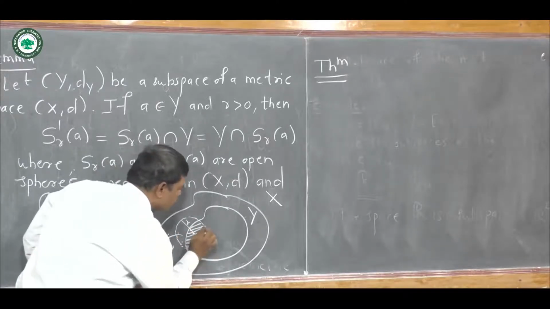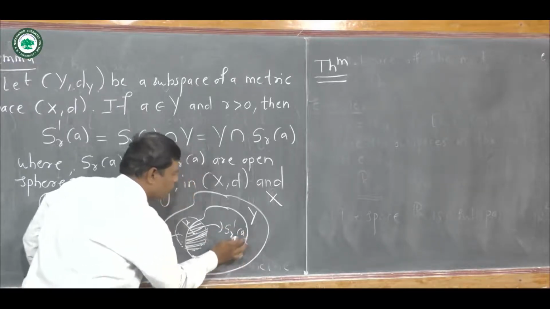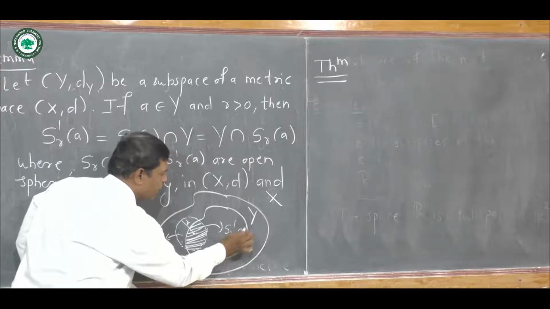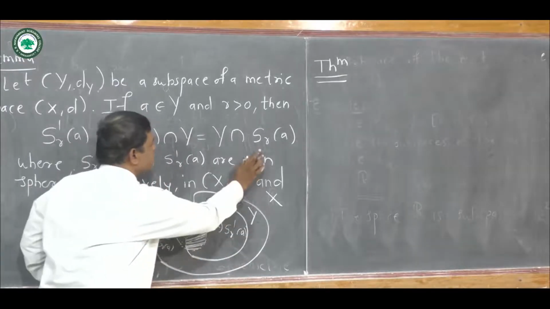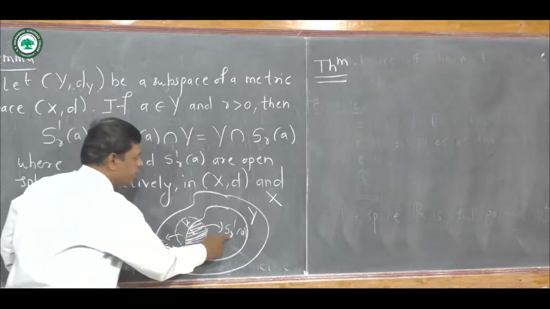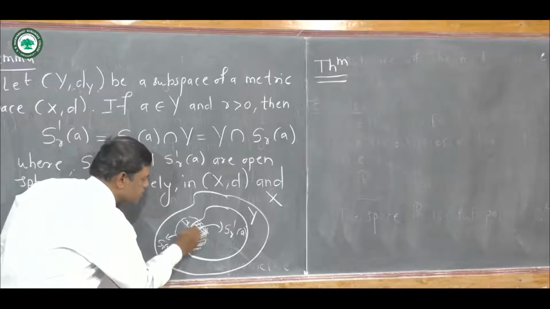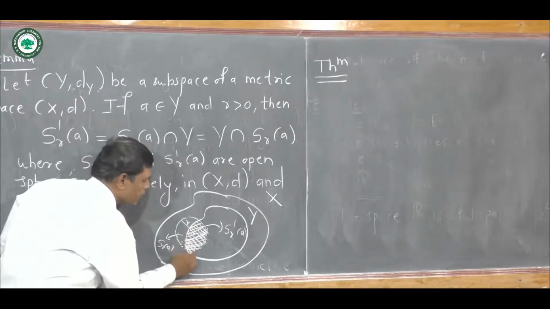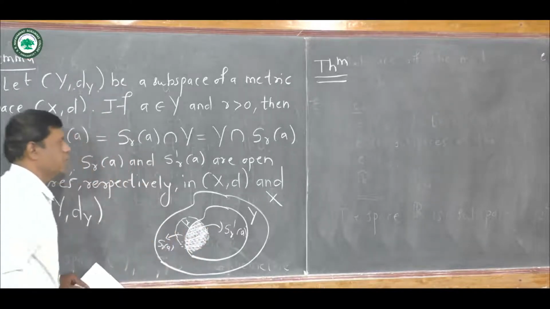So this part is the open sphere centered on A of radius r in Y. This is the open sphere in the subspace, Y intersection the open sphere S(r, A). So this is the open sphere in the subspace.